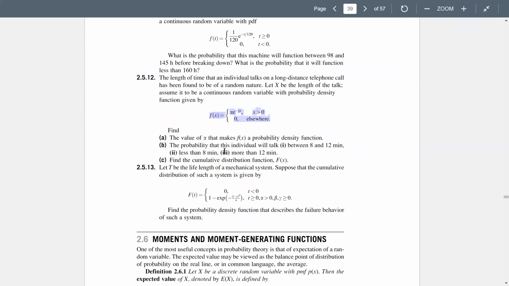How do you calculate this alpha? You will integrate this based on the range of x and set it to 1. Set it to 1 to get alpha.